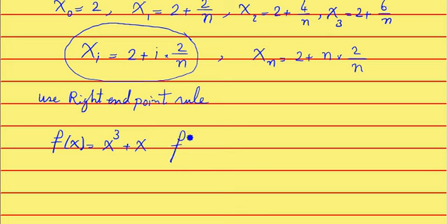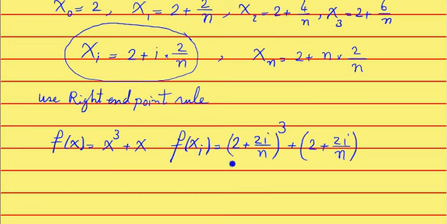So I say f of x_i is equal to 2 plus 2i over n, that has to be cubed, plus another x. Now the difficulty in these problems is just doing this algebra carefully and not missing anything in that step.